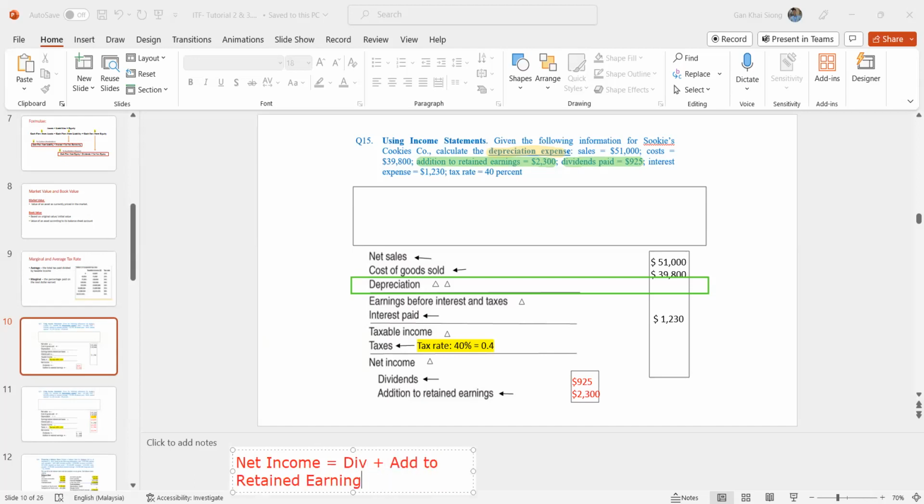So now I have dividends and addition to retained earnings. I can put that into my template over here. Dividends is 955 and addition to retained earnings is 2003. So when these two add up together, what did I get? Net income, right? So therefore, I can easily calculate my net income over here.